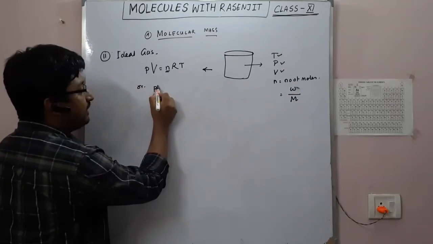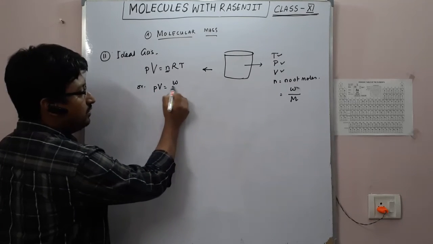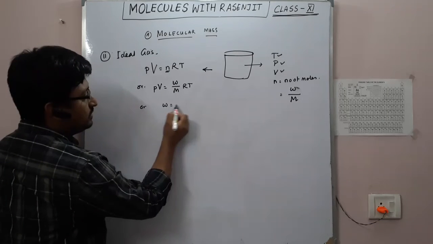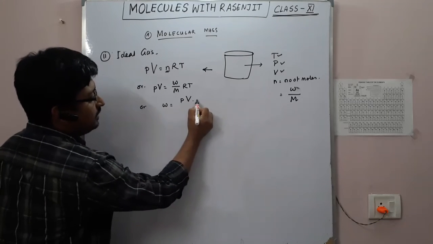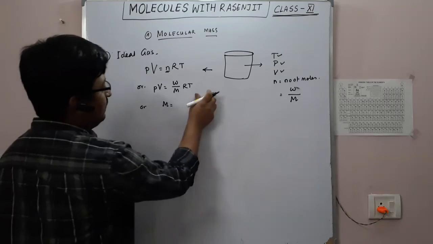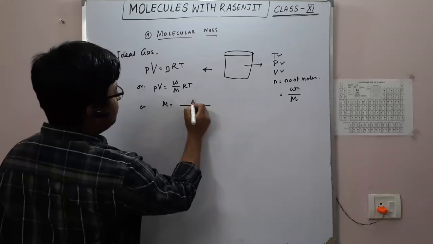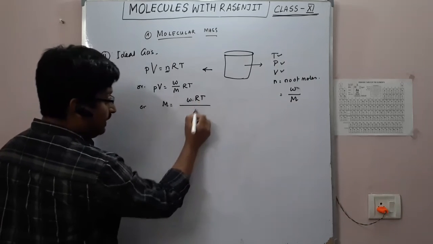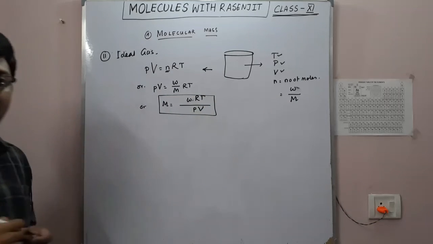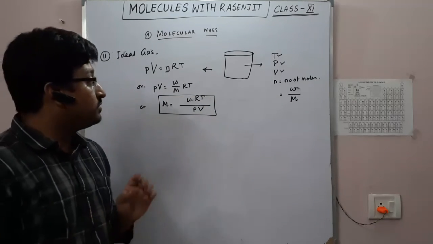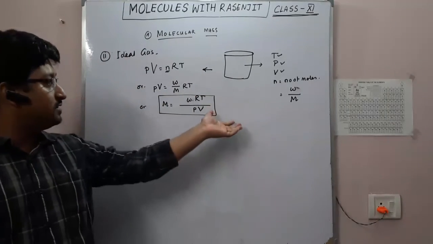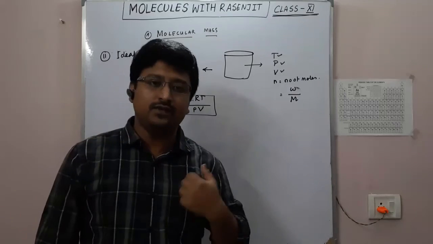So instead of n, we can write w by M, so PV equals w by M into RT, or M is equal to wRT by PV. So this is another way of determining the molar mass. Most of the time you will encounter numerical problems here, and you put in the values and get the answers. It's a very easy case.